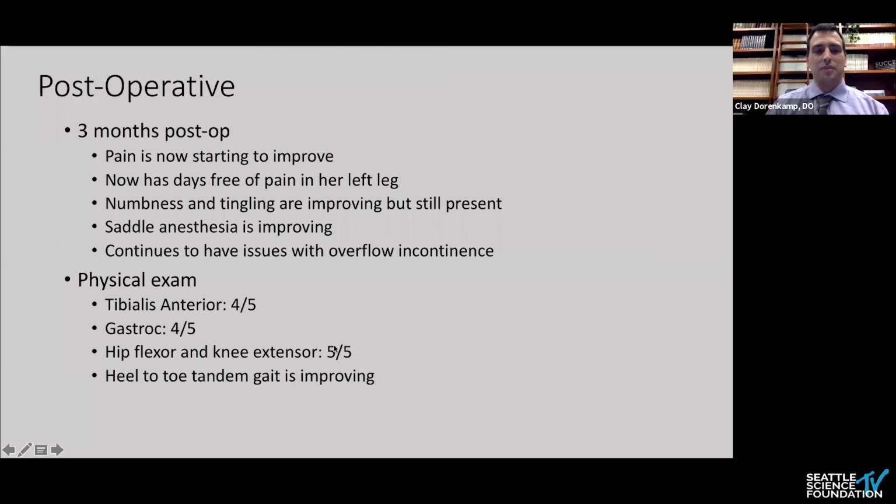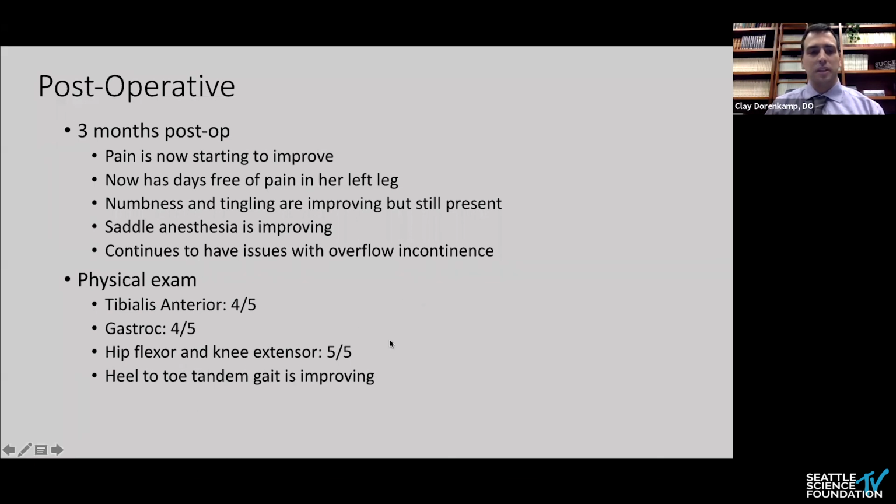So fortunately, this is about the time that Dr. Rumley and I were involved in the case. We saw her back to review the MRI, and she's miraculously getting better. Her strength is improving. She's now having days free of pain in her legs, and her saddle anesthesia is improving.